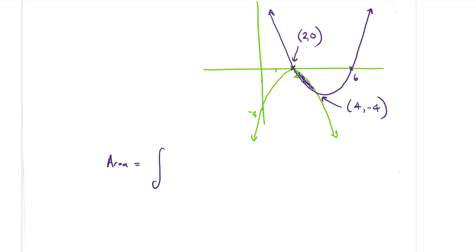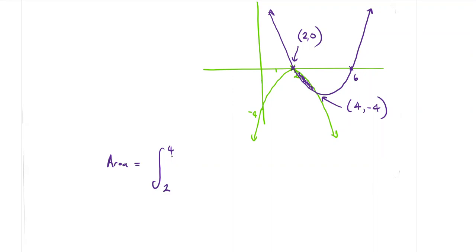The x values are from 2 to 4. The top curve is the green one. The green is on top of the purple in that little bit of area that I'm looking at. So just this little sliver, the green graph is on top.